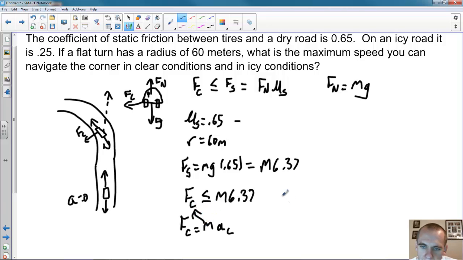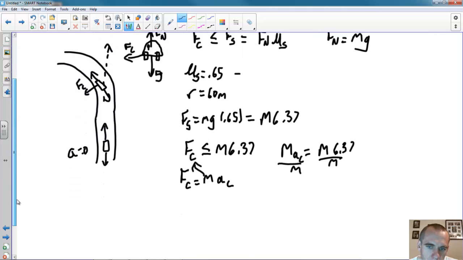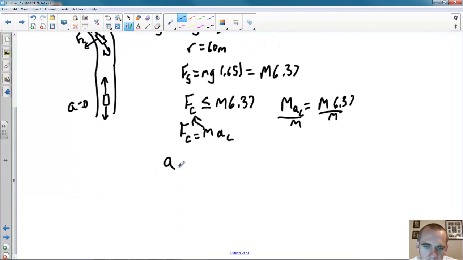Now I have mass times centripetal acceleration equal to mass times 6.37. Mass is on both sides, so it divides out. I get that centripetal acceleration is 6.37 meters per second squared. But I wanted to know a speed.